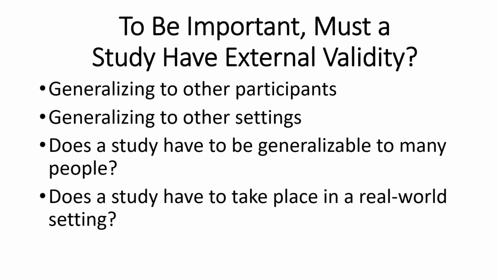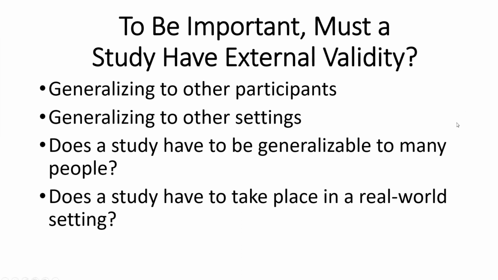Now we're going to move on to not so much a statement that replication is important, but now a question of must a study have external validity to be considered important? We can look at external validity in terms of generalizing to other people or generalizing to other settings, and what it means for our interpretation of that research and its importance in our minds.